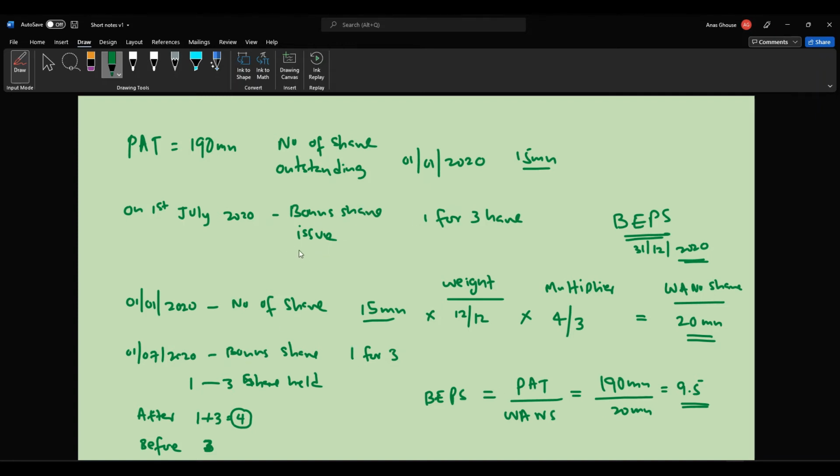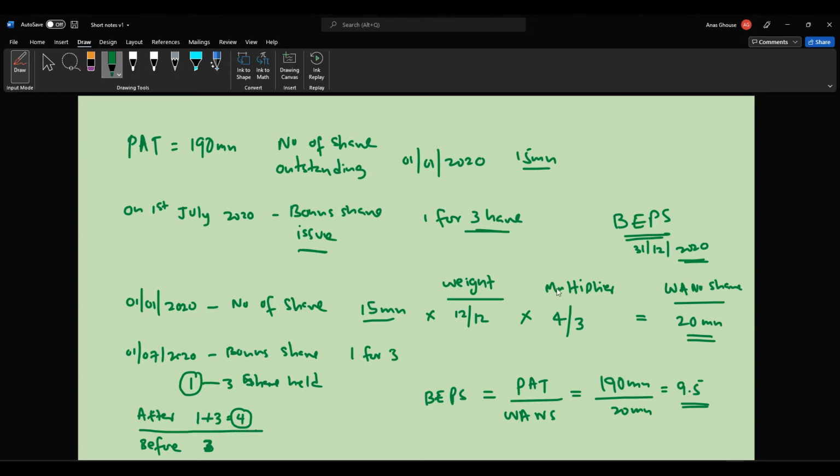This is how you calculate the weighted average number of shares when bonus shares are given, 1 for 3 shares. Before issuing bonus shares, 3 shares were held. After issuing, 1 share was issued for every 3 shares held, so the total will be 4.